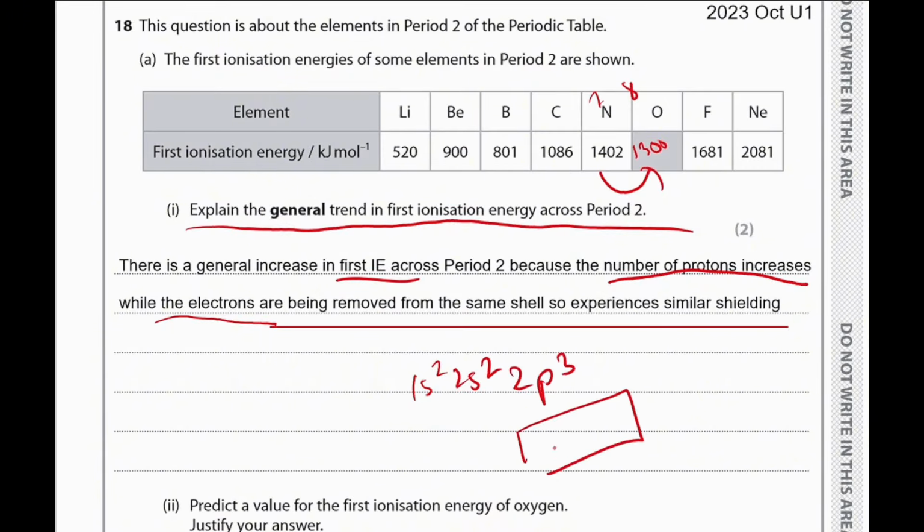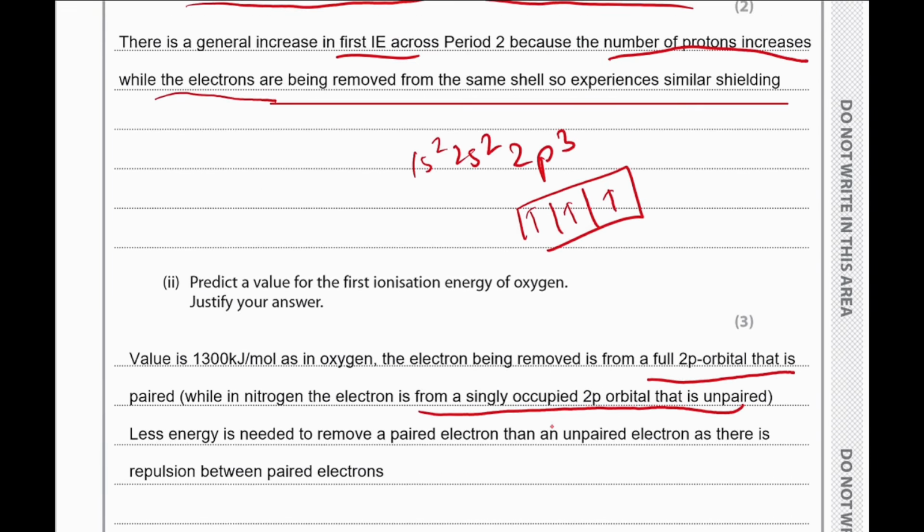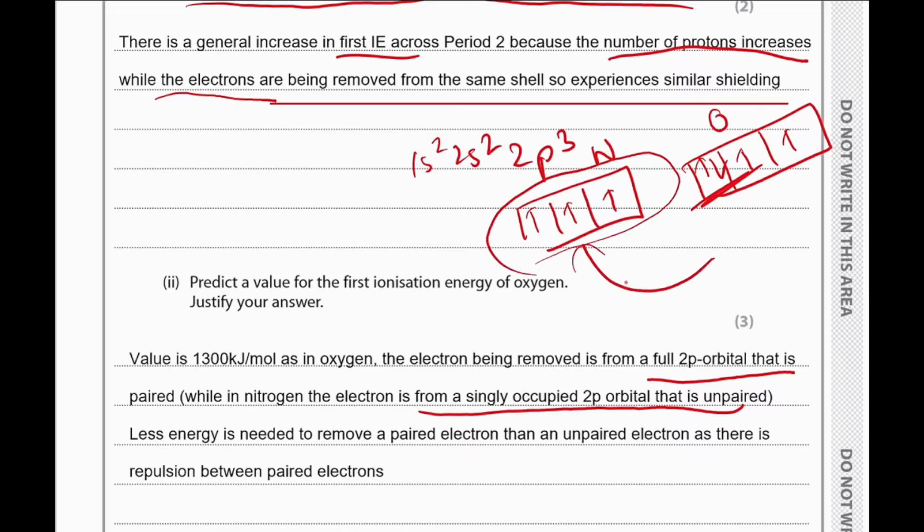They're trying to say the 2p electrons present in nitrogen are in an unpaired state, but in the case of oxygen, there is one extra electron in the 2p subshell, meaning that electron is present in a paired state compared to the electrons here, all of which are unpaired. Since they're in a paired state, this makes them less stable.